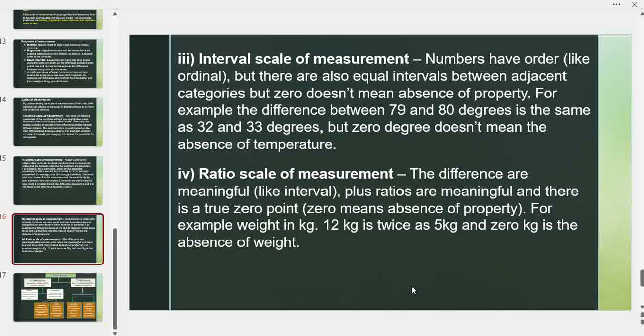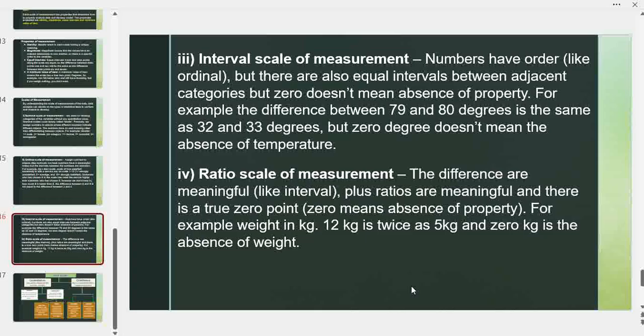Now when we talk of the ratio scale of measurement, the differences are meaningful, like interval. So you have intervals. The difference between 1 and 2 is equal to the difference between 9 and 10. Intervals are there, plus ratios are meaningful.